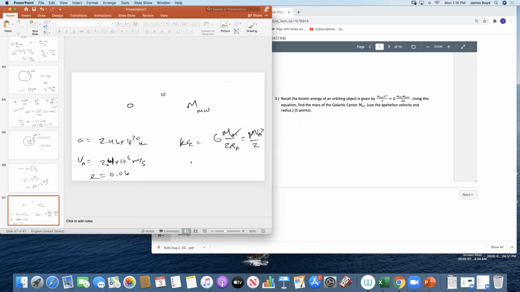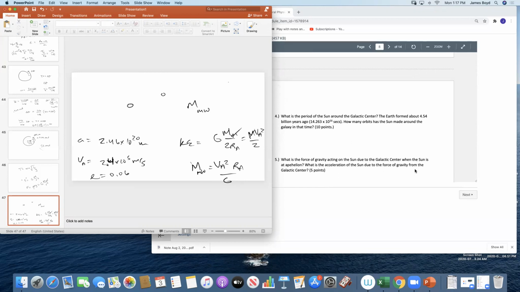So the mass of the Milky Way is v_A squared times r_A, the 2's cancel and go away, and you divide that whole thing by G. Okay? Is that right? Have I forgotten something? Nope, that's right. So you can find the mass of the Milky Way. You're going to find it something huge. Okay?